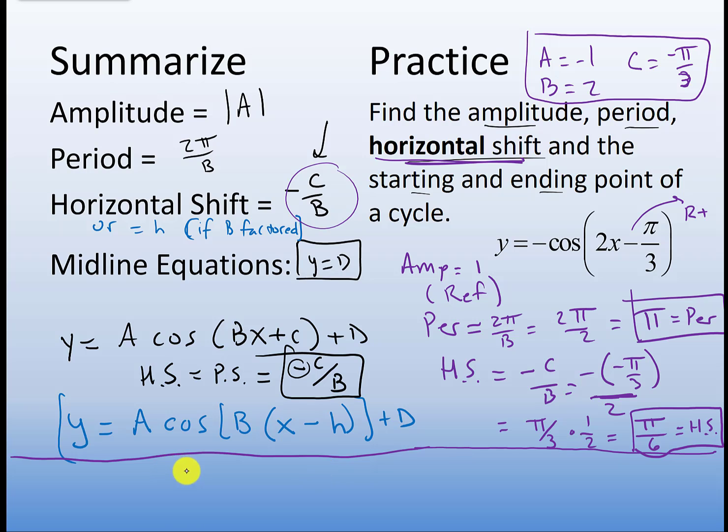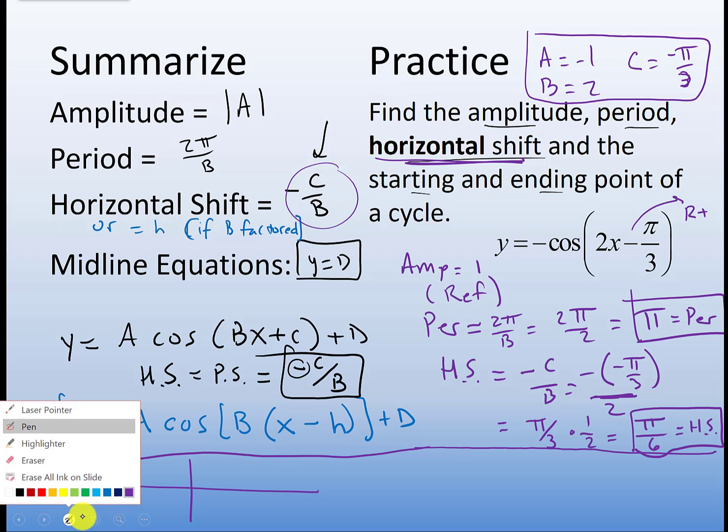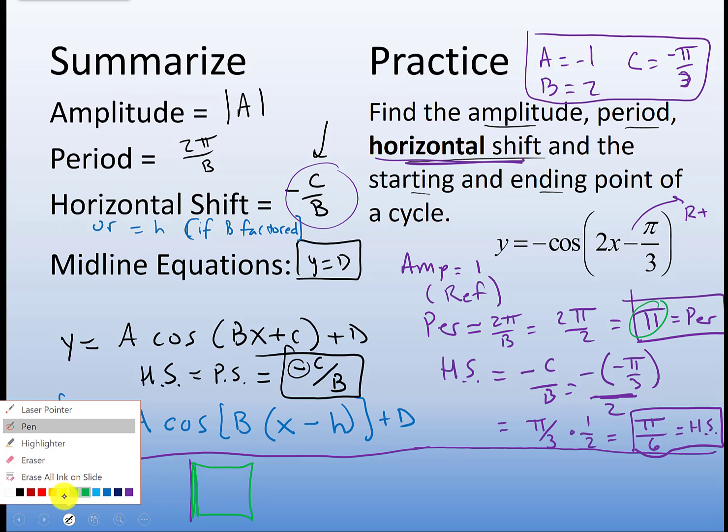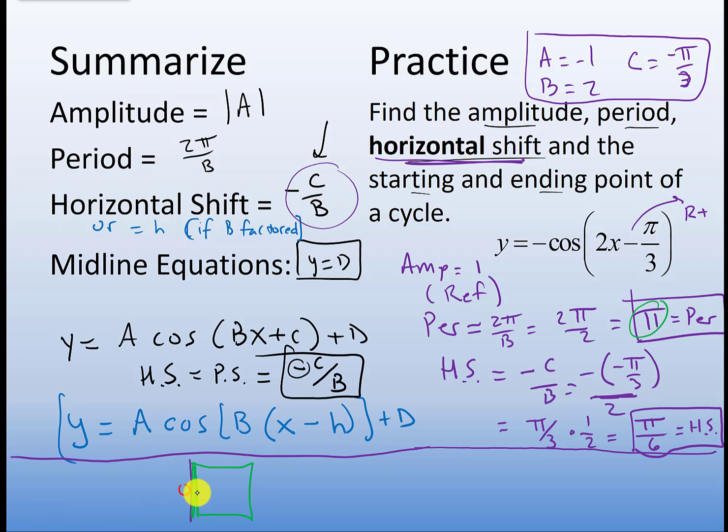Normally when we would graph our trig function, we'd have a box, and it would start here on the axis, and it would end here. And like this problem says, it would go from 0 to pi. Let's use a different color here. 0 to pi.